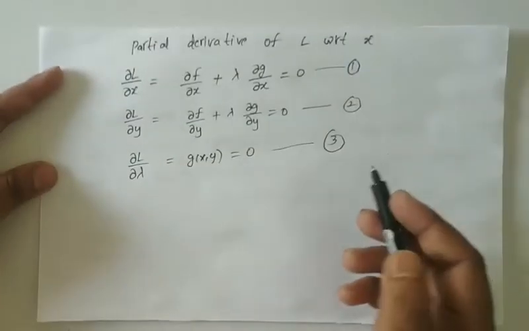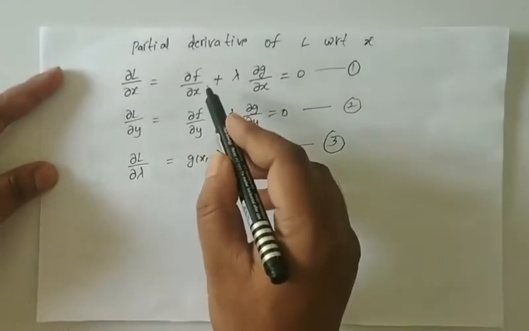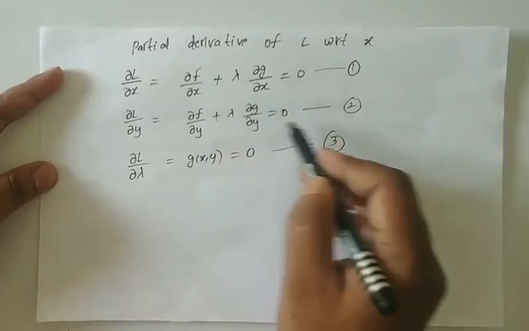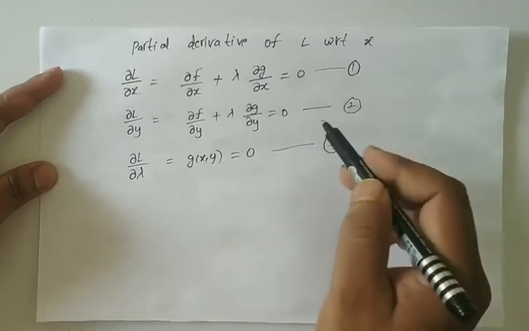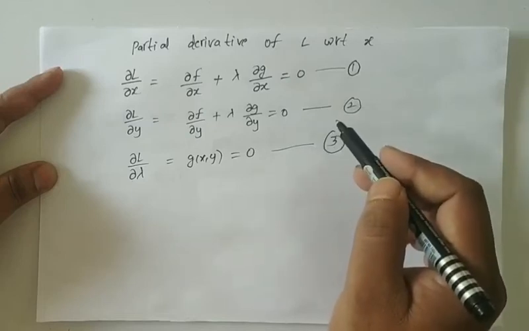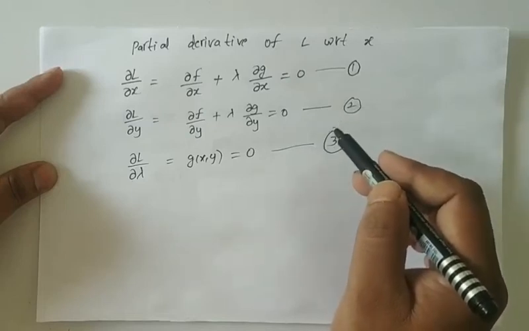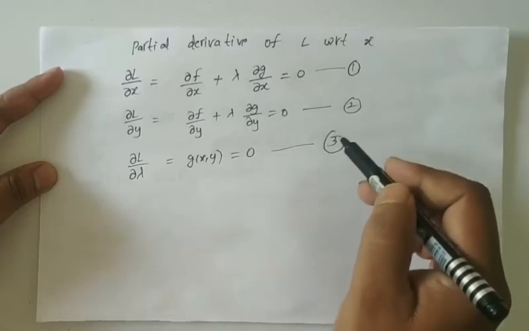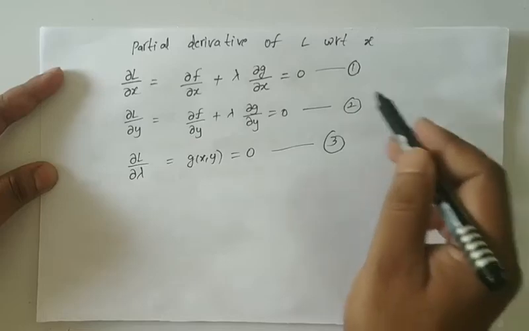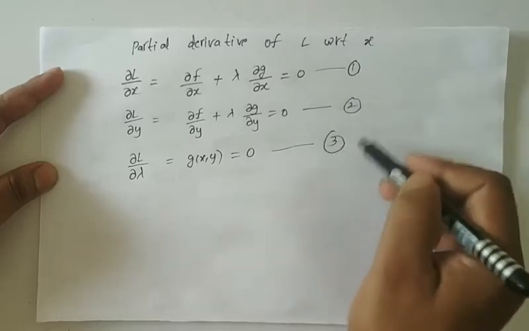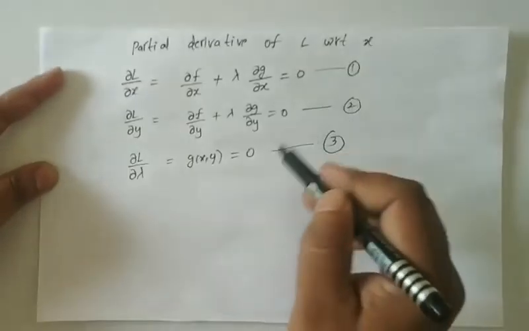So next we have to find x, y, lambda by solving these three systems of equations. By solving these three equations we get the values of x, y and lambda.